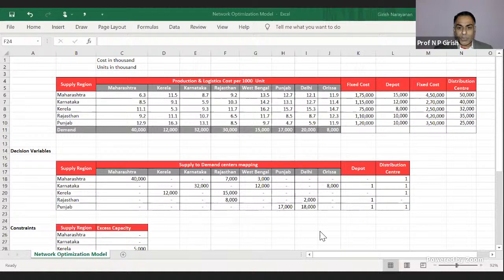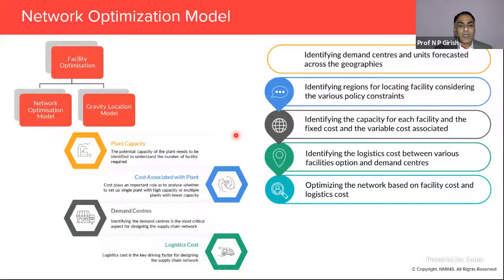I will stop share. I will close this and we will go to the gravity location model. But before that, very quickly, you're talking about facility optimization, in which there is network optimization and gravity location.